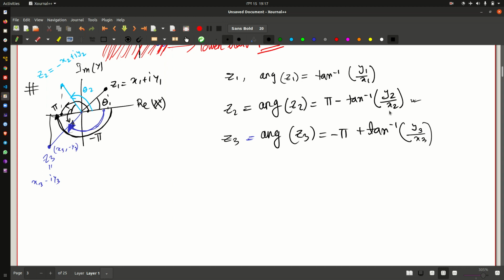This is a crucial thing to remember when you are using these formulas, or you can do it from scratch. So let's say your z3 was minus 2 minus 3i, right?